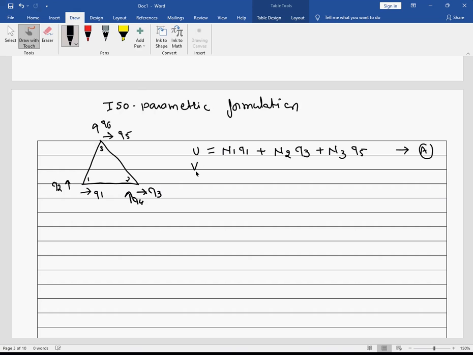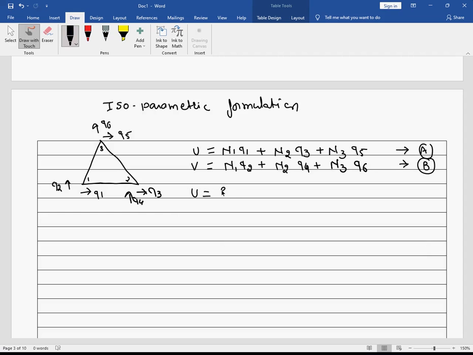Now I am using V for vertical displacement, and that will be equal to N1 Q2 plus N2 Q4 plus N3 Q6. So this is vertical displacement. I can label this as equation B. Now I know the values of N1, N2 and N3, so that is what I am going to replace.